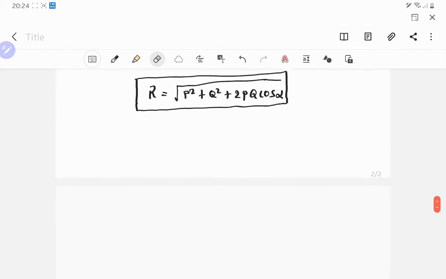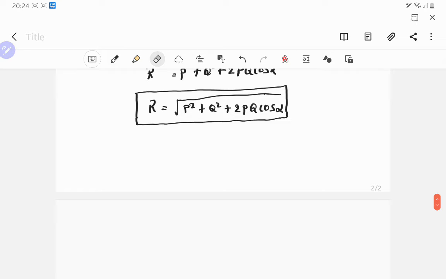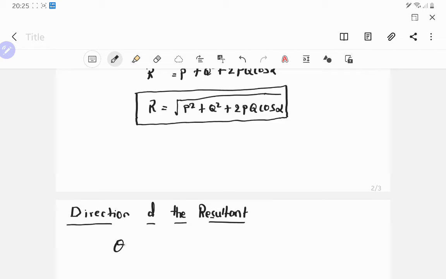From that calculation we get R equal to root over P square plus Q square plus 2PQ cos alpha. And now if we want the direction of the resultant, I am indicating the direction of the resultant as theta. Why?